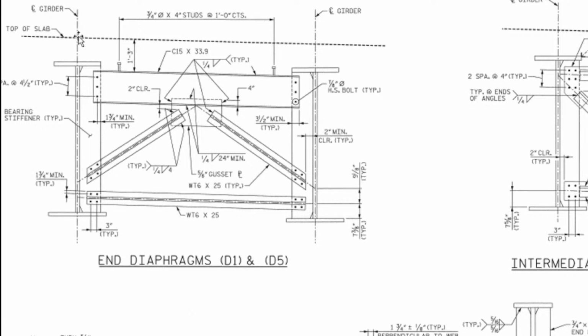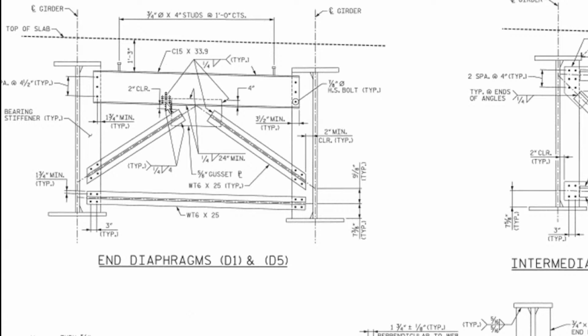Next, again, the center line of girder, center line of girder. So that is correct. This is a C channel, C15 by 33.9. So what do you mean by C15 by 33.9? This is a C channel.